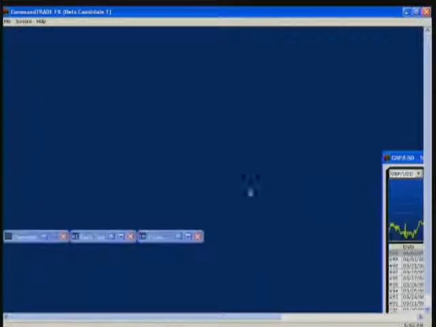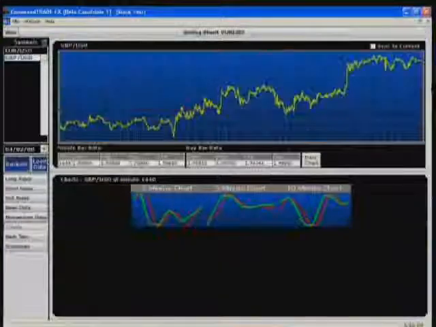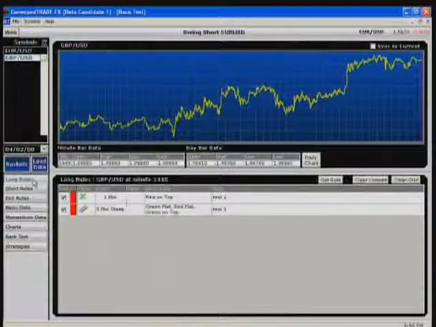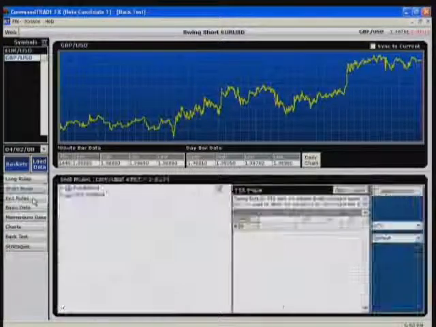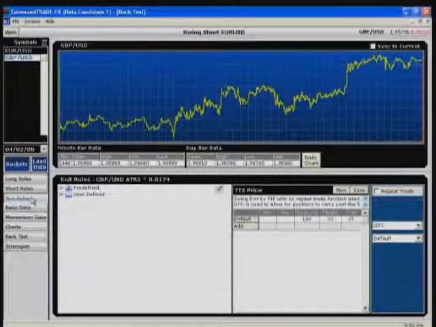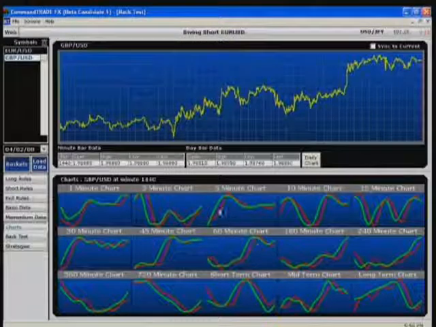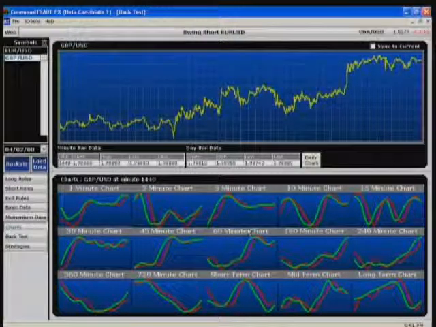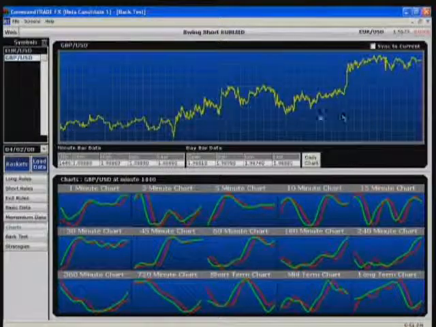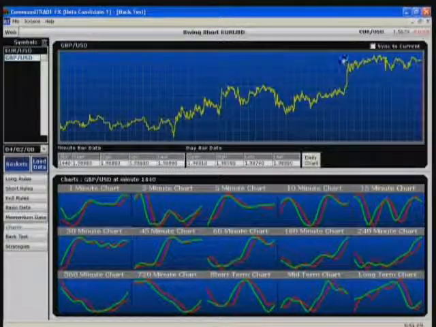Let us get back into our back test screen. Long rules, short rules, exit rules. Make sure you hammer down and really understand what the strategy is doing, what it's trying to accomplish. Your chart section, this is going to be instrumental in strategy design. Instrumental. If you want to find out how to pick up those large moves like this move right here, how would we pick that up?